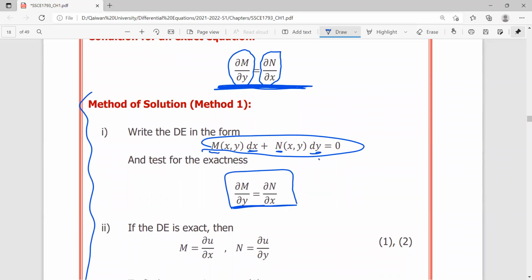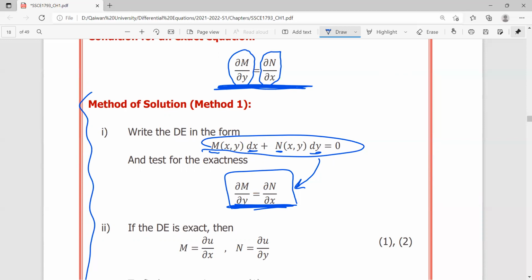Yes, if it satisfies this formula, it means the differential equation is exact. Look, before we had separable differential equations and also homogeneous differential equations. For homogeneous differential equations, we said if f of lambda x, lambda y equals f of x,y, that's homogeneous.